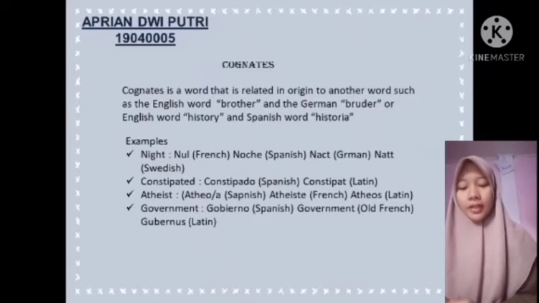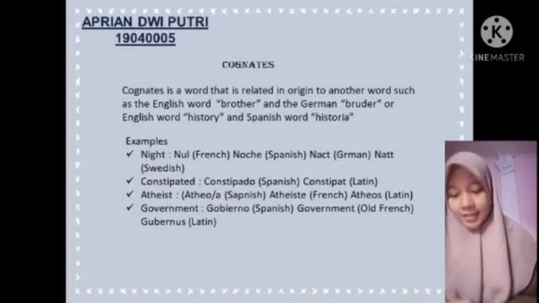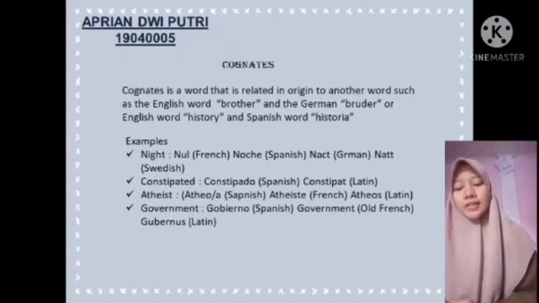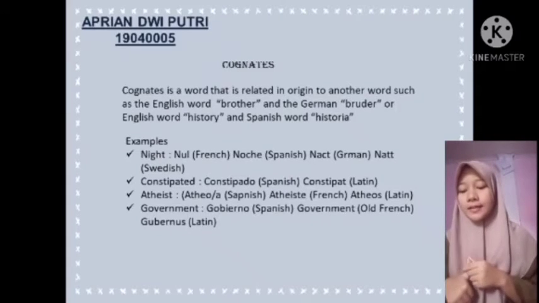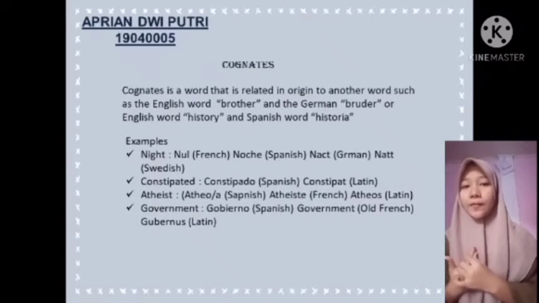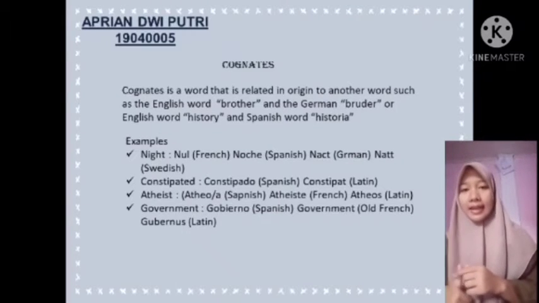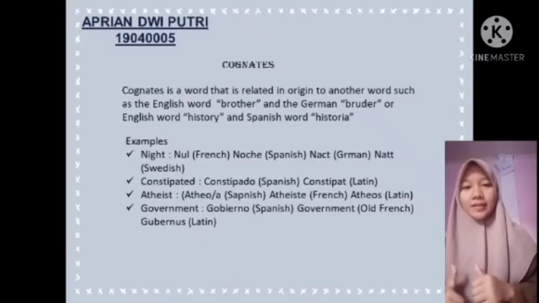Examples of cognates include those that share only the stem and not all the affixes, which are semicognates or paronyms. The first example is the word night, nuit in French, noche in Spanish, nacht in German, and nat in Swedish.